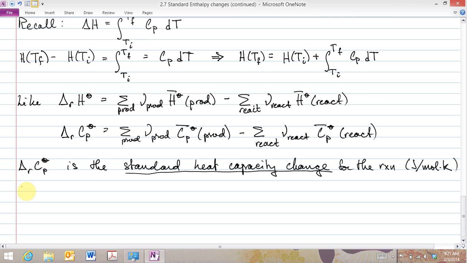And considering that we have reactants and we've got products, we can actually take this equation for the reactants and this equation for the products, and you subtract the reactant value for this equation from the product value of this equation, and you wind up with Kirchhoff's law.